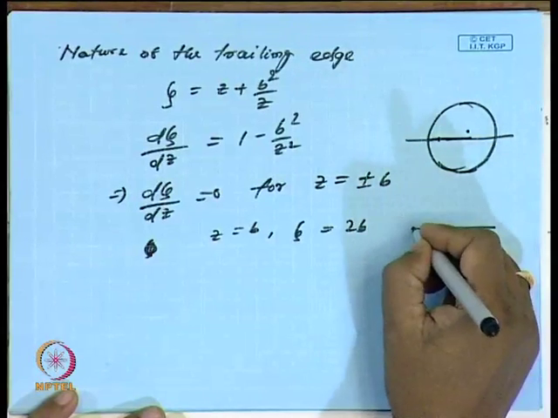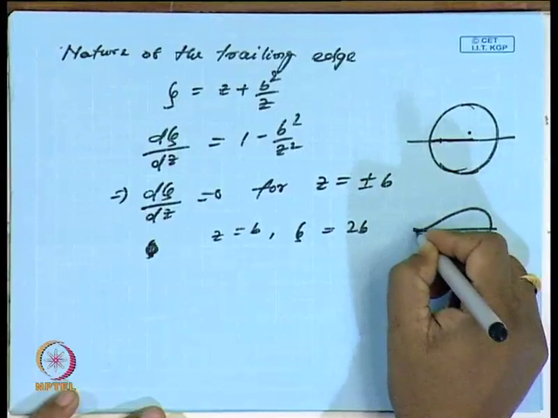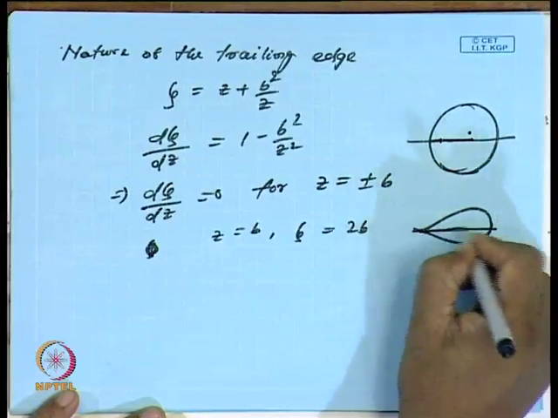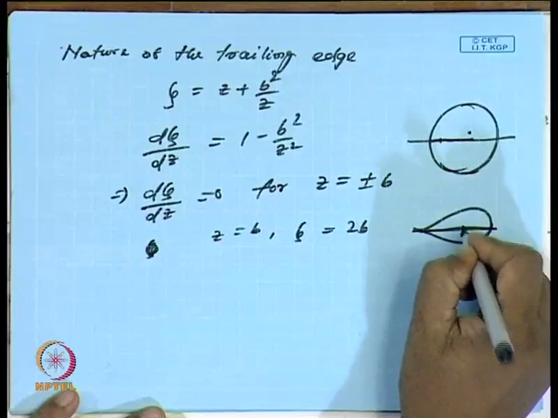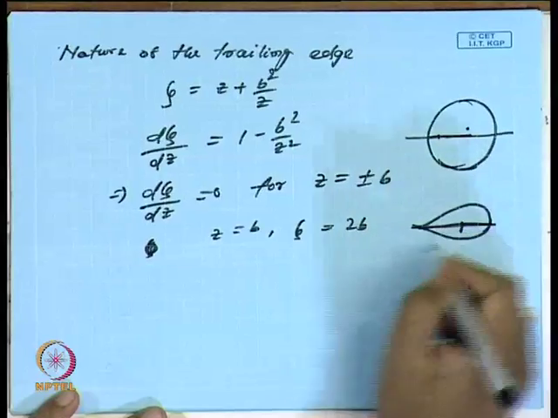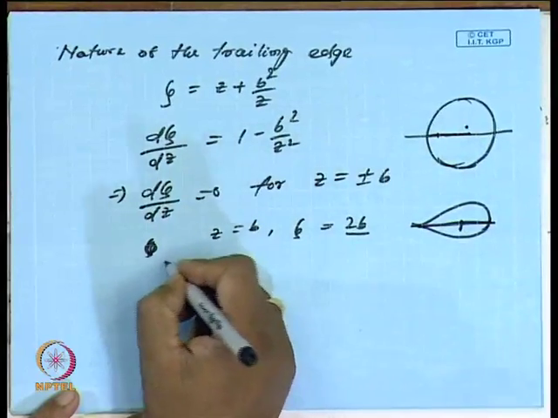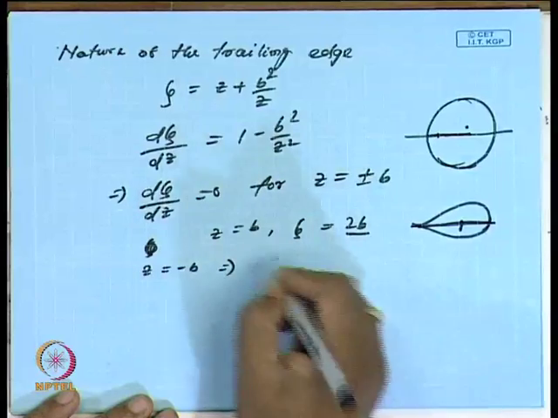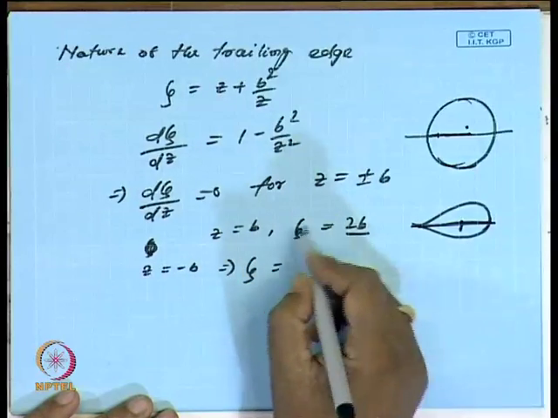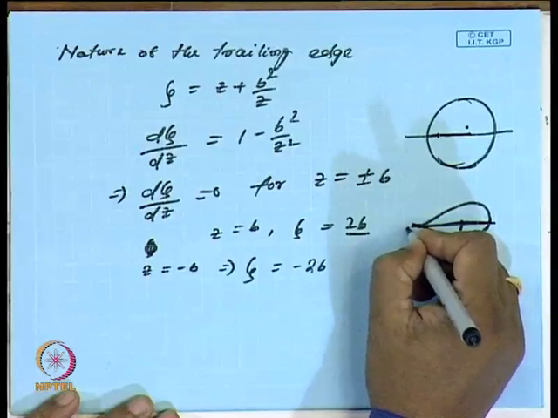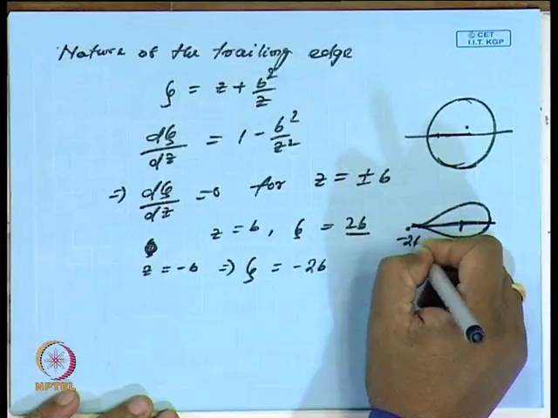Looking at the aerofoil, the total distance is 4b and 0 is somewhere here, so it is minus 2b to 2b. So my b will be a point inside, but what will happen if z is equal to minus b? If z is minus b, then zeta is equal to minus 2b. So minus 2b is a point here.